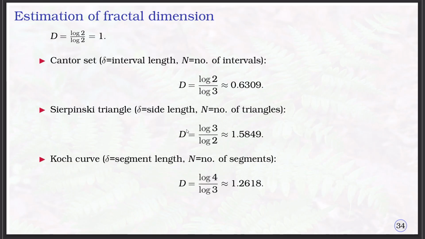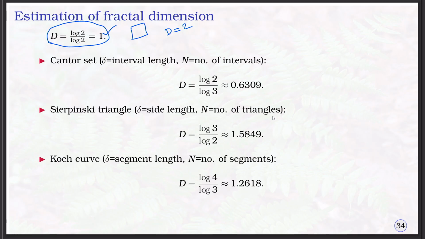And now we obtained the box counting dimension of the line segment as 1, and if you are taking the unit square, then the box counting dimension is 2. For the Cantor set, the box counting dimension is log 2 by log 3, or natural logarithm, then you will get 0.6309, and for the Sierpinski triangle, the value is approximately 1.5849, and for the Van-Koch curve, the fractal dimension is 1.2618.